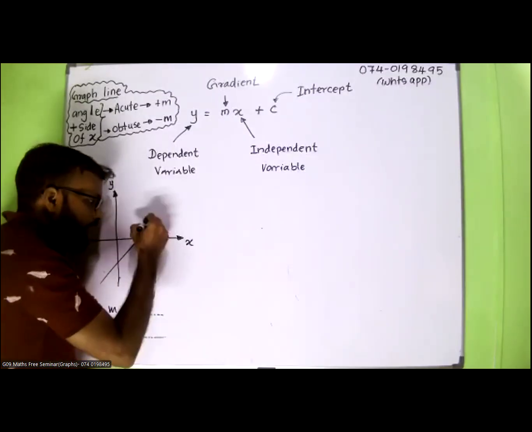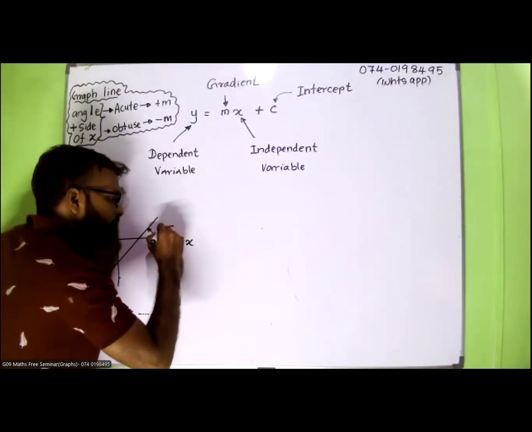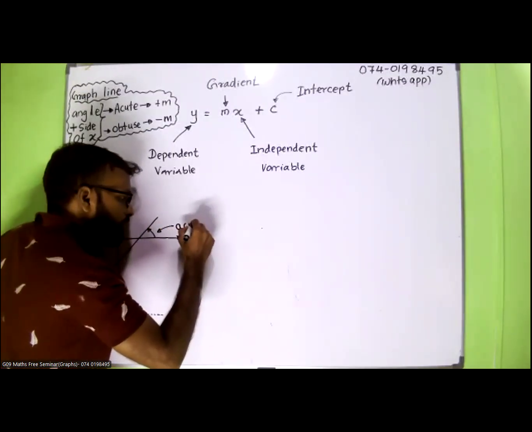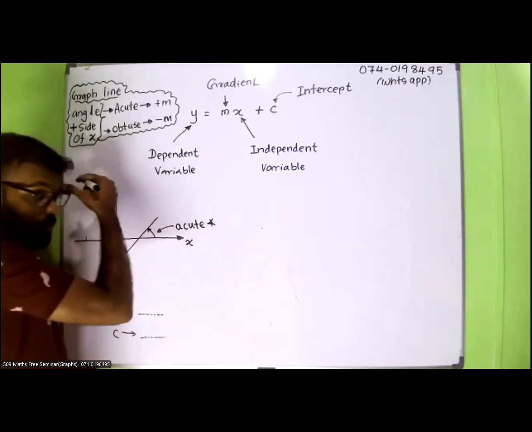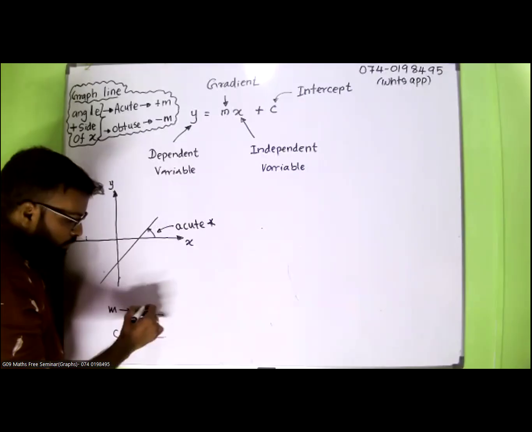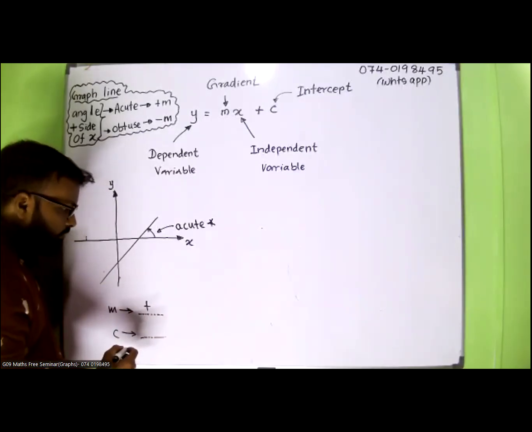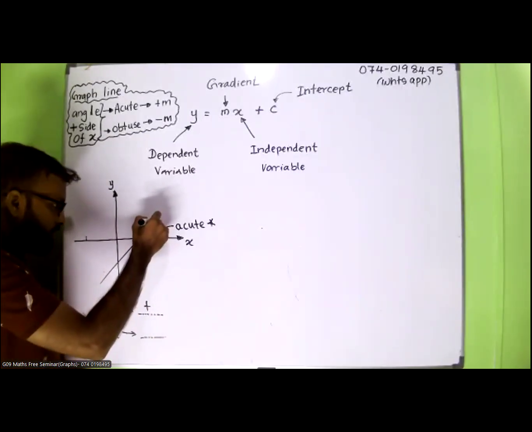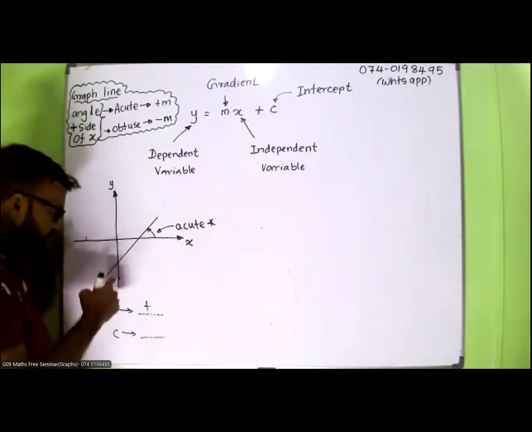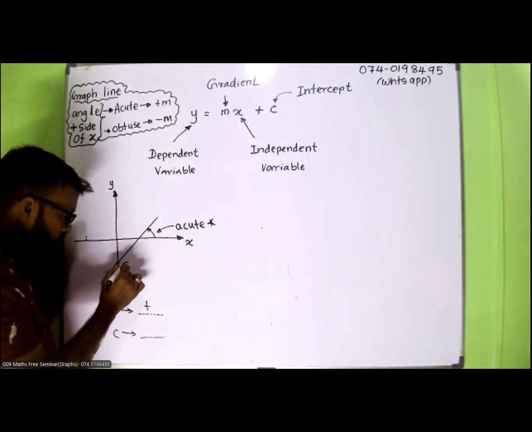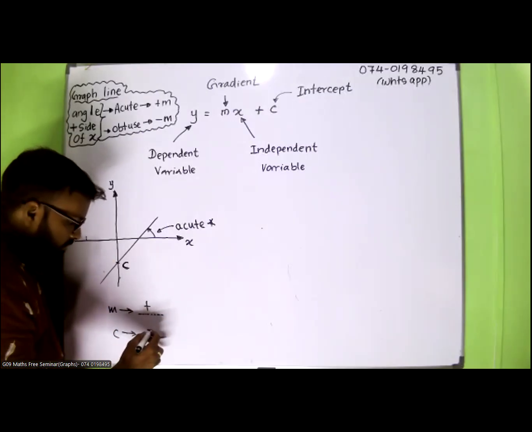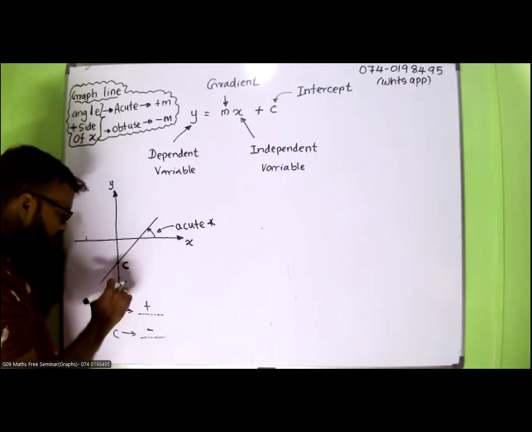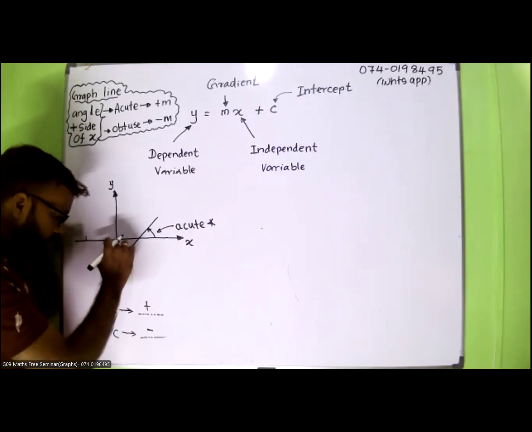So by looking at this, what can you say? This is an acute angle with the positive direction of x. So you can say M is positive. And where does this graph cross your y-axis? Here, point C. This C is negative because this is the negative side of the y-axis.